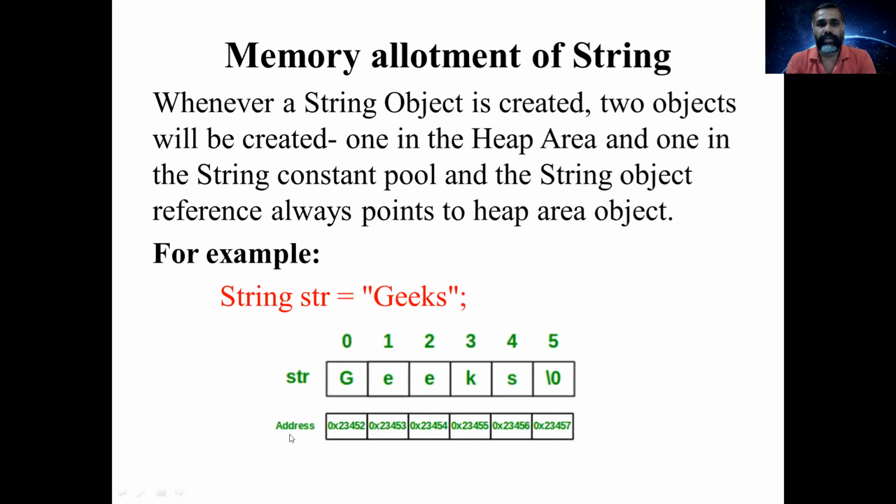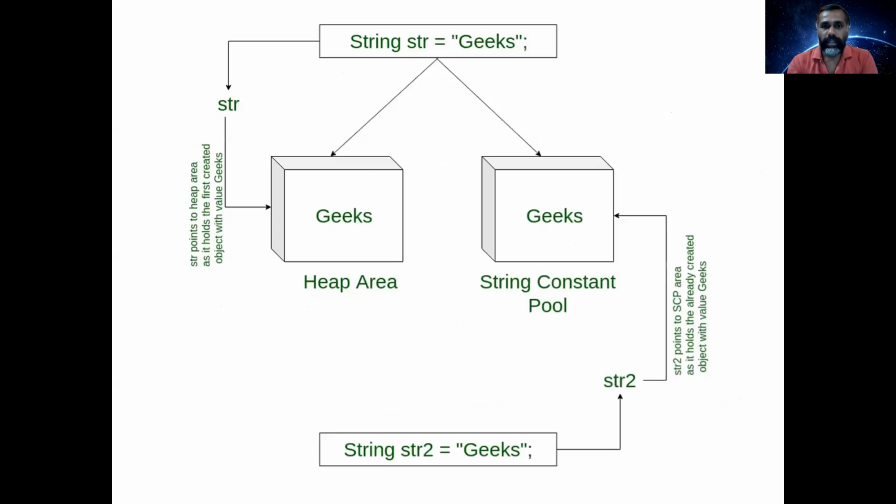So, memory allocation of a string. Whenever a string object is created, two objects will be created, one in a heap area and one in a string constant pool. For this, here is an example. Here I have declared a string str with a value "gigs". For this declaration, it creates two objects, one in a heap area and one in the string constant pool.